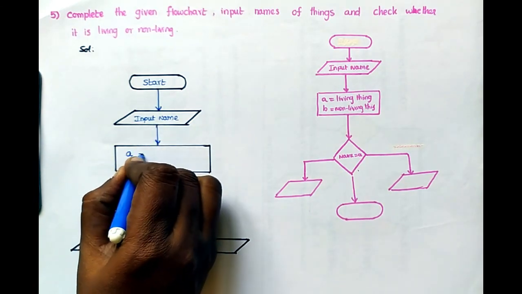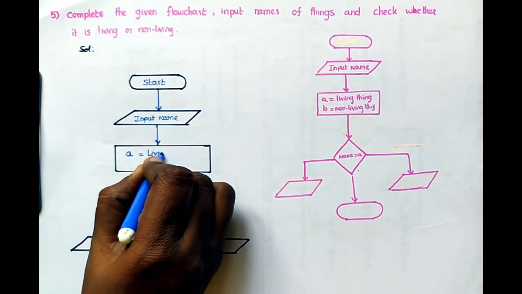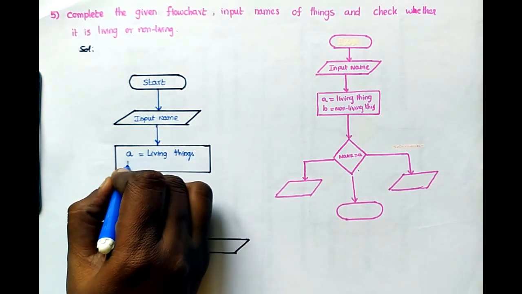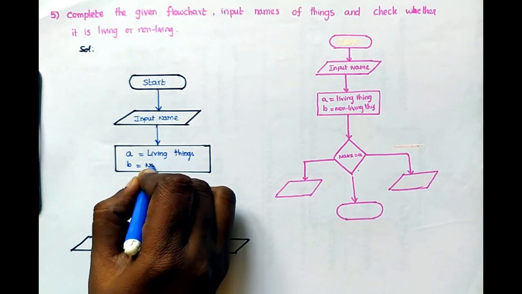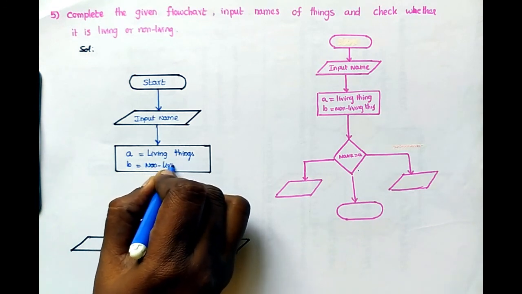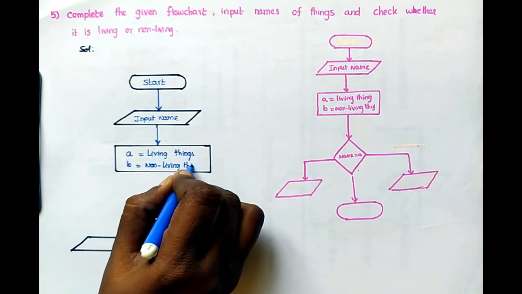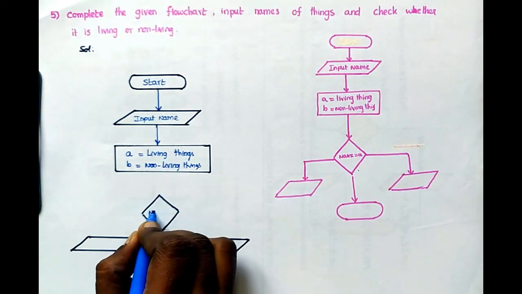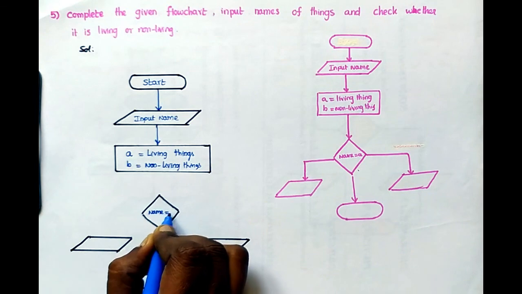A means that is living things. B non-living things. If it is A means that is living things, no. So name equal to A.